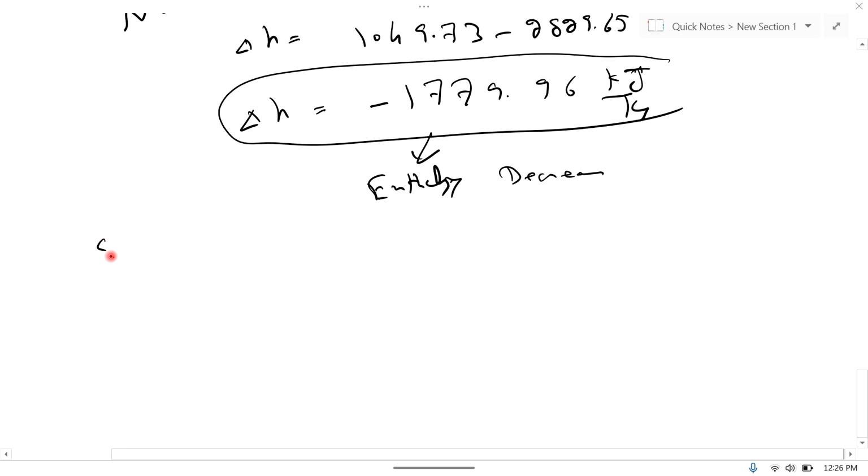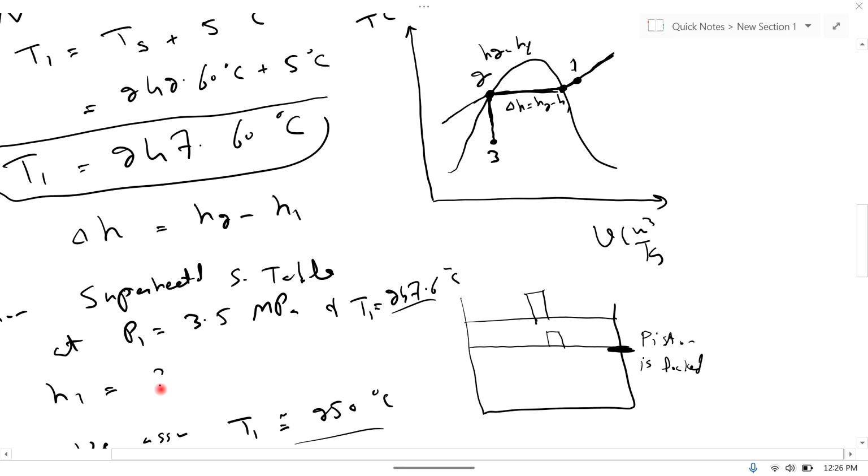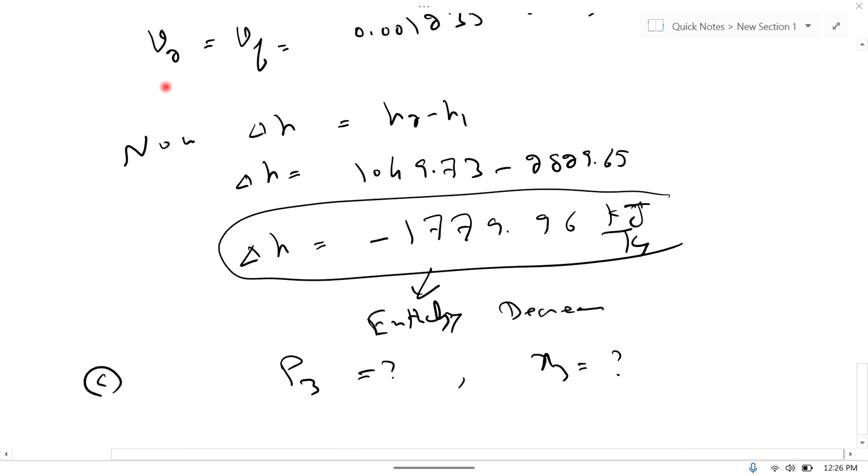Now at point C, we need P3 and X3. Here the piston is locked from point 2 to 3, so volume is constant. To find P3 and X3, at this point pressure will be saturation pressure, and temperature is given to us.